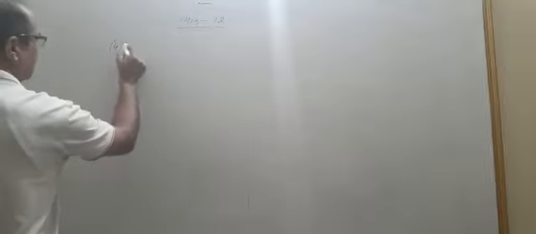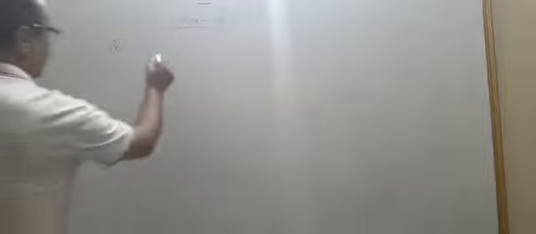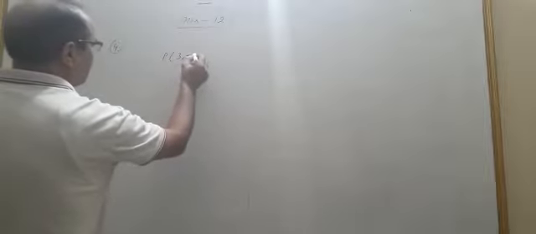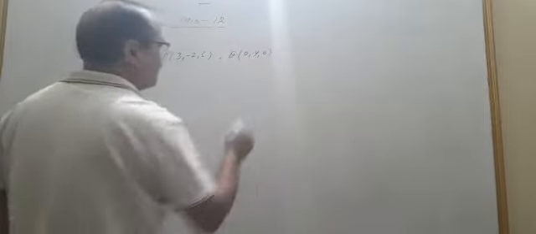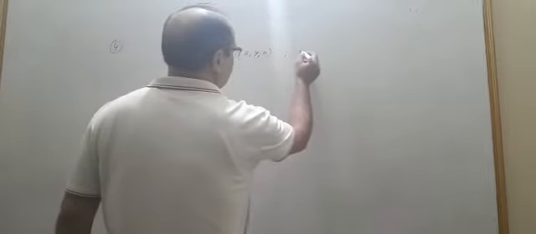Find the coordinates of the point on y-axis which are at a distance of 5√2 from the point P. The point P is given, that is 3, -2 and 5 are the coordinates of the point P, and let us consider the point on y-axis, that is 0, y and 0, and the distance is given as 5√2.